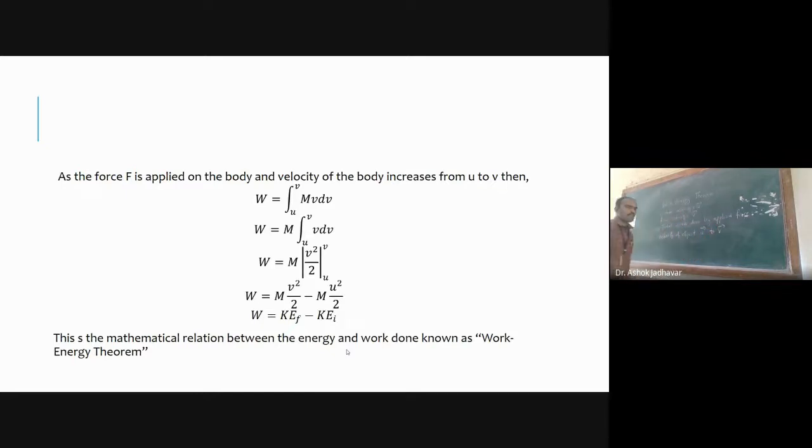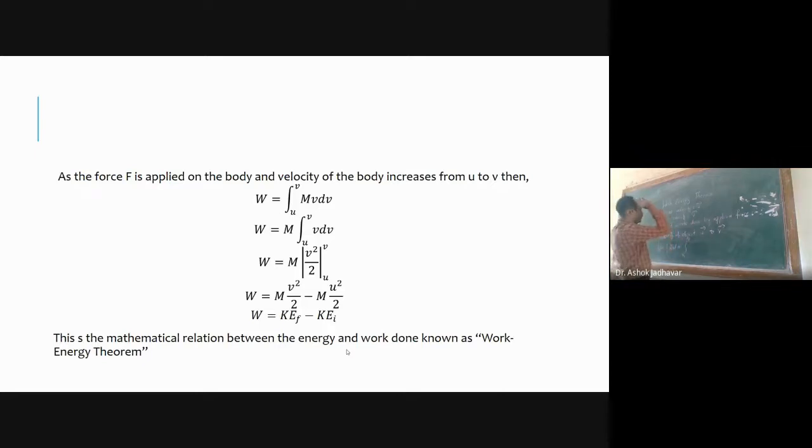If I consider this type of change due to the application of force, then I can write down total work done W is equals to integration of dW. Look at it, dW is very small work done. So during this initial position to final position, we can have total work done, and that total work done is equals to what? Integration from initial velocity u to final velocity v.